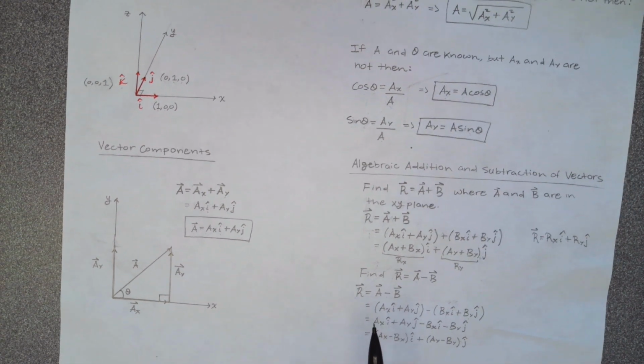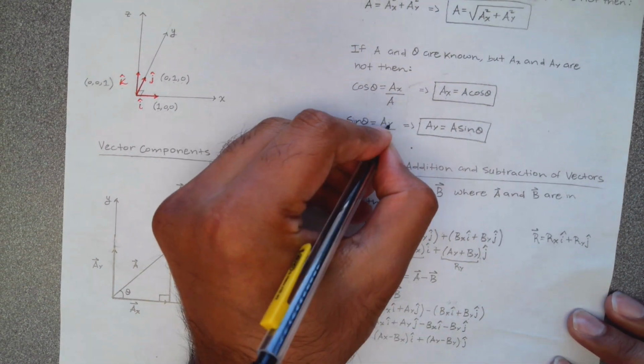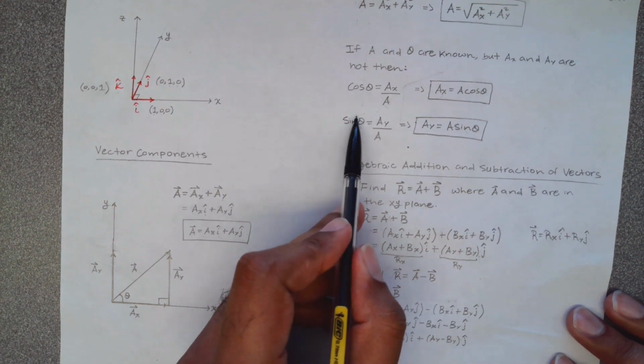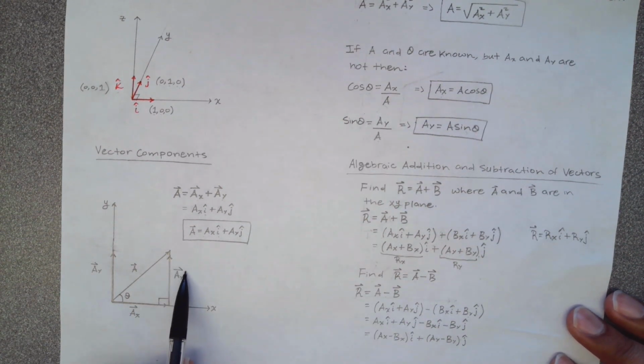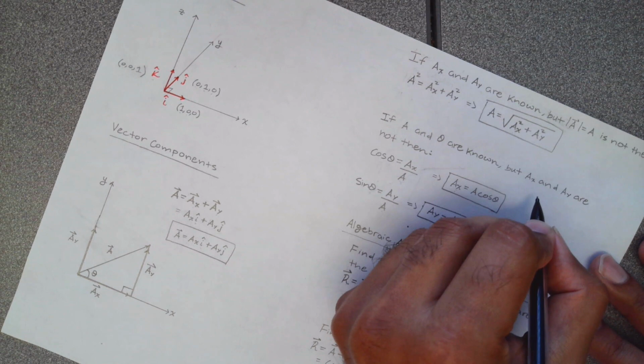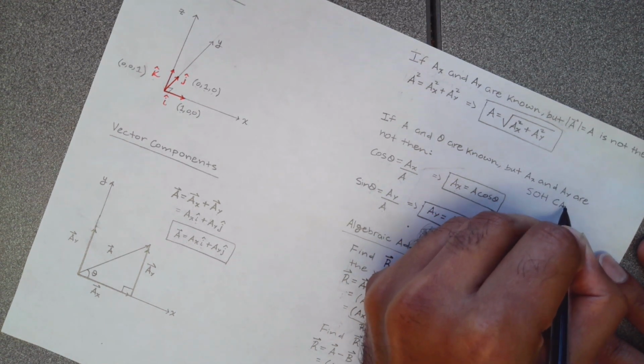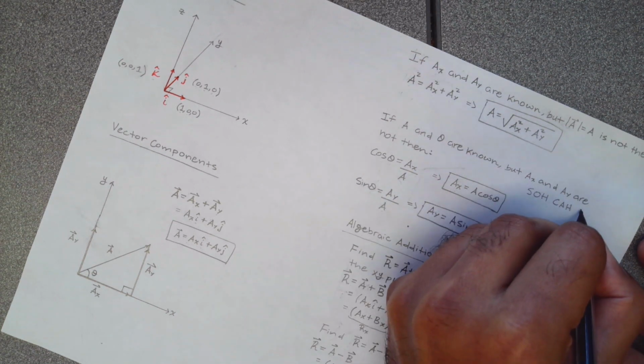Similarly, if I want to find the y component, this is y, then the sine of theta, I know, is the opposite side over the hypotenuse. So remember SOHCAHTOA. Let me write that down.